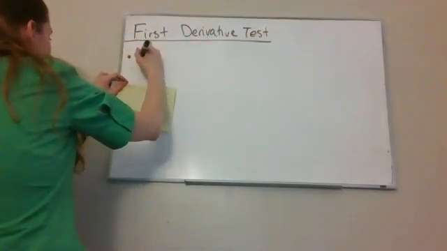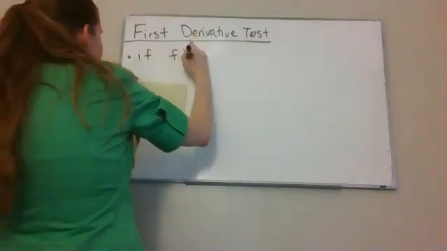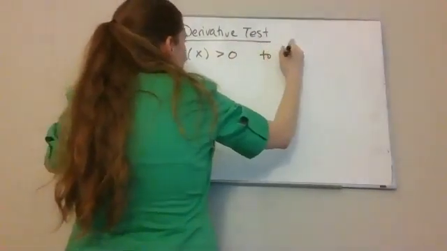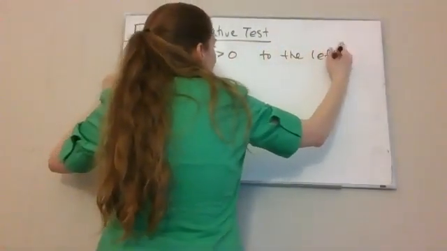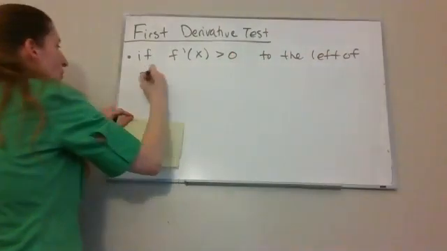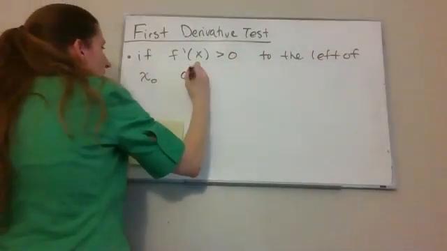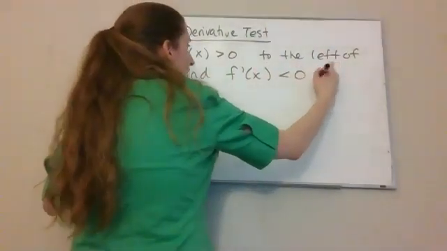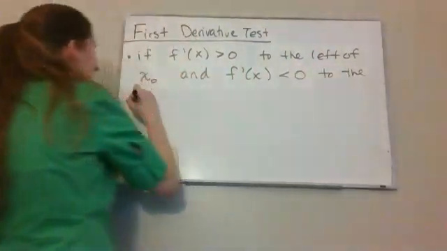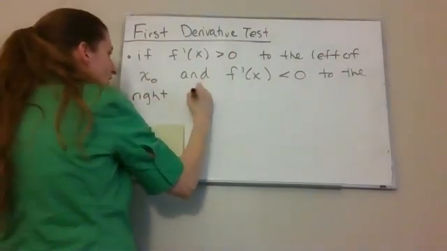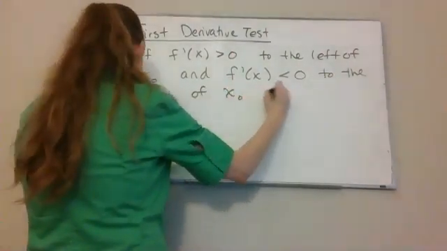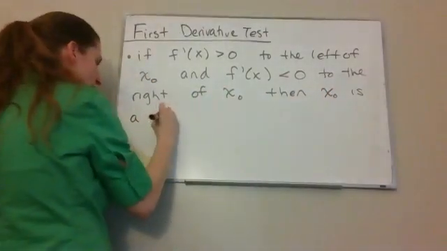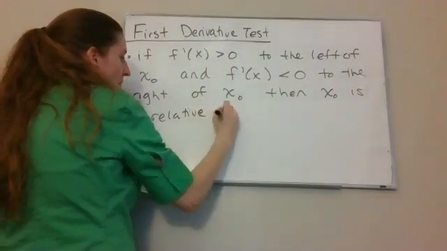It says if our first derivative is greater than 0 to the left of a critical point x0, and the derivative is less than 0 to the right of the critical point x0, then x0 is a relative maximum.